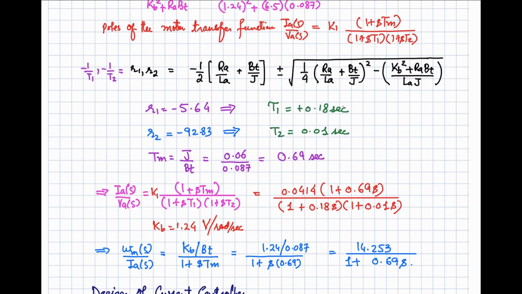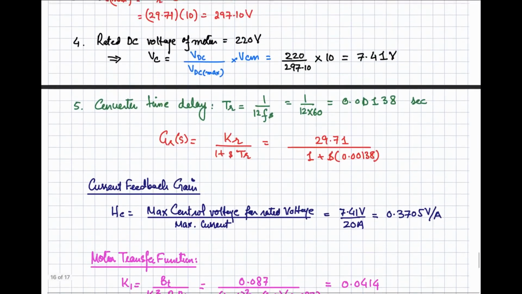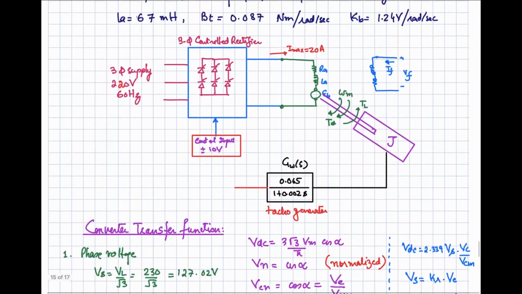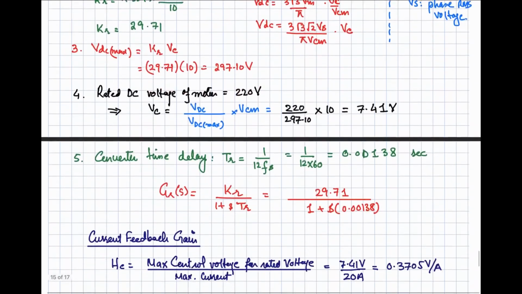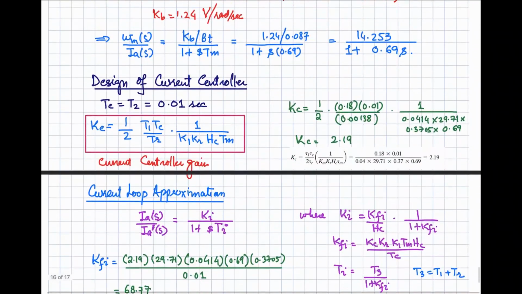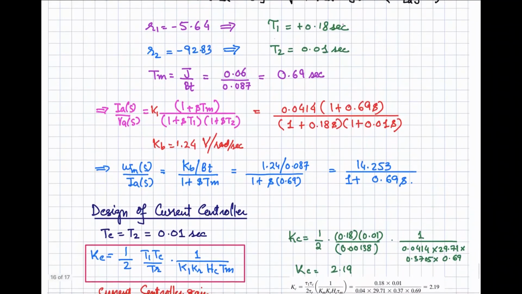The KB that is also given to us, KB was equal to 1.24 volt per radian per second. So for 1 radian per second change in speed, the back EMF will change by 1.24 volt. So now using that, we were at this point.